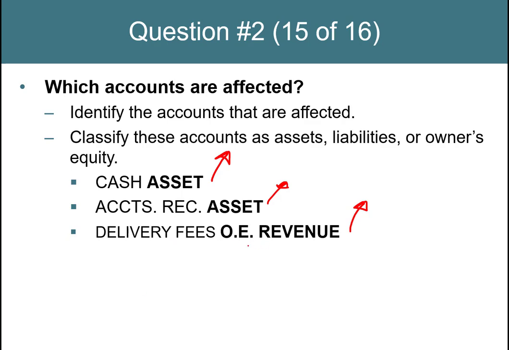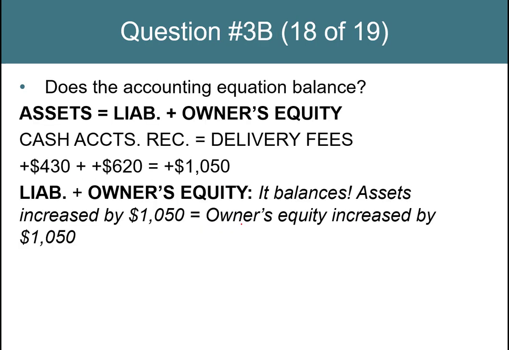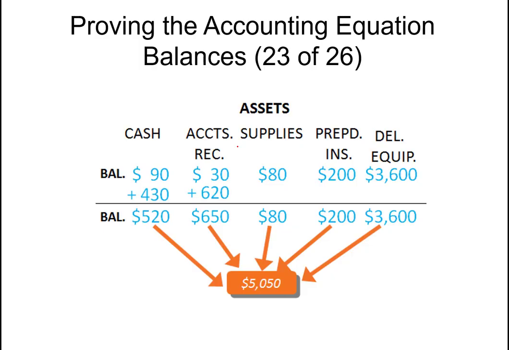This is why we call it revenue. And revenue certainly will increase our owner's equity. So what will be the new balance on our asset, liability, and owner's equity equation? Cash increases, and delivery fees revenue will also increase by 1,050.